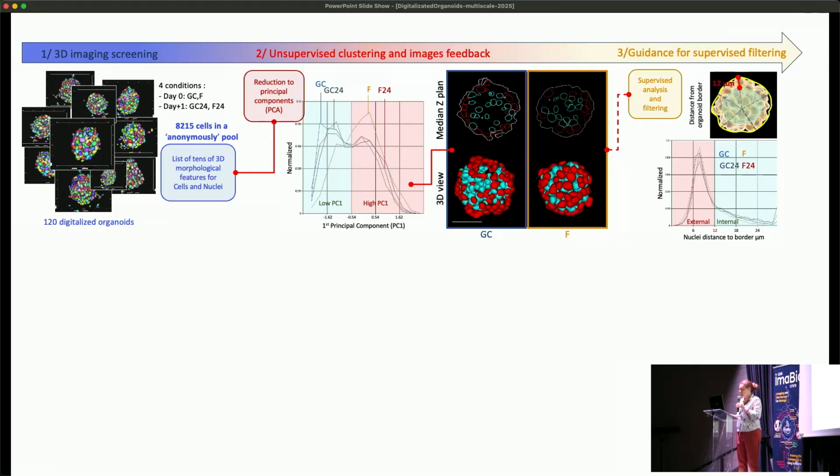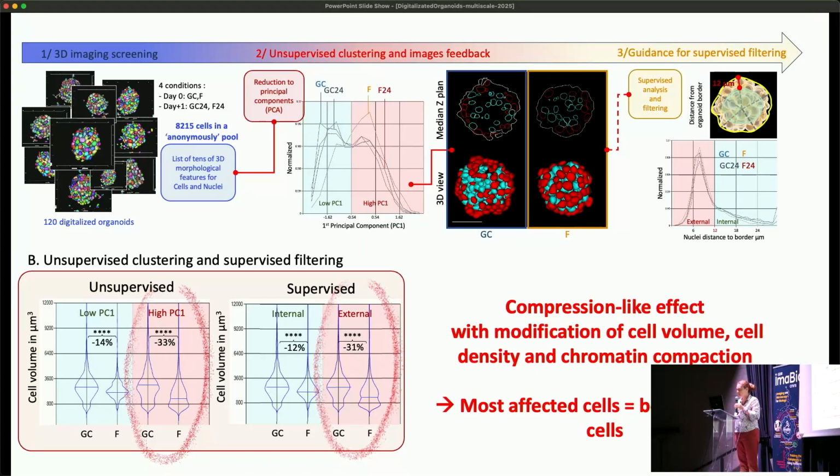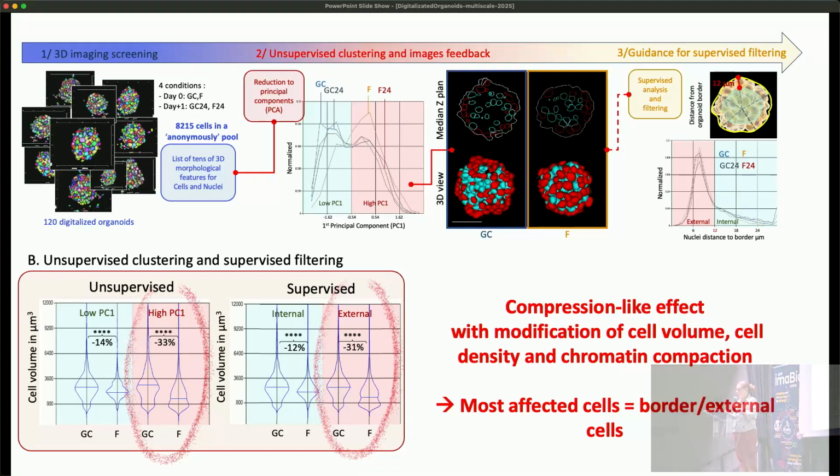And doing that, I was able to generate exactly the same biological answer using the supervised clustering, which was the gating applied here, as with the unsupervised clustering, which was the PCA. So it was great, because for once I can understand what is behind this PC1 or PC2. Here, the most affected cells were located at the border, or the external part, of the spheroid.